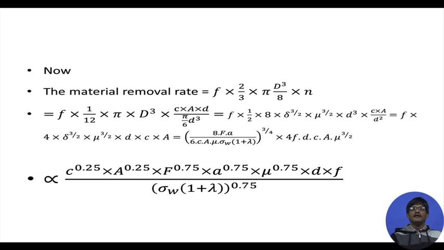In the same way, I am now not going to go into each and every term, but we will get c to the power 0.25, area to the power 0.25, static force to the power 0.75, amplitude to the power 0.75, mu to the power 0.75, diameter of the grit, frequency of vibration, divided by the flow stress or the hardness of the workpiece material, lambda, 1 plus lambda to the power 0.75 in the denominator.